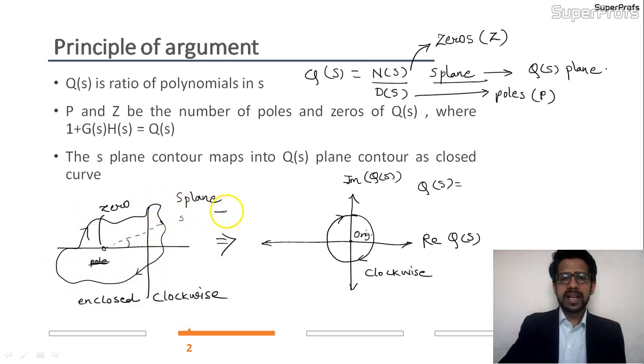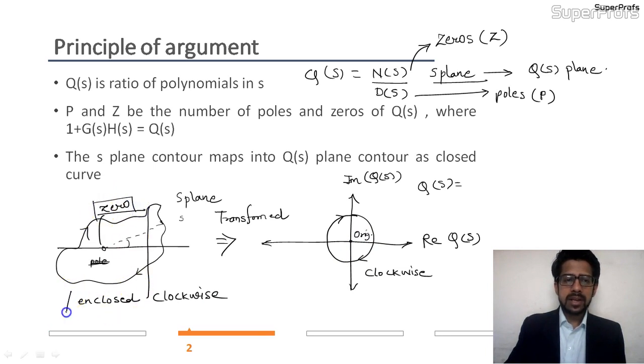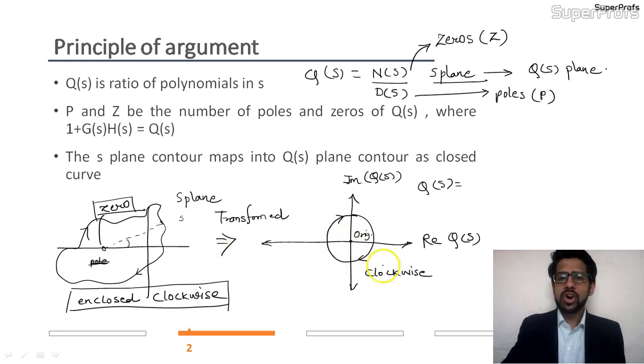Then it will be mapped in the Q(S) plane as a clockwise encirclement of the origin. So remember this: for a zero, the clockwise enclosure of a particular S-plane contour maps as a clockwise encirclement of the origin, because the origin is Q(S) equal to 0.